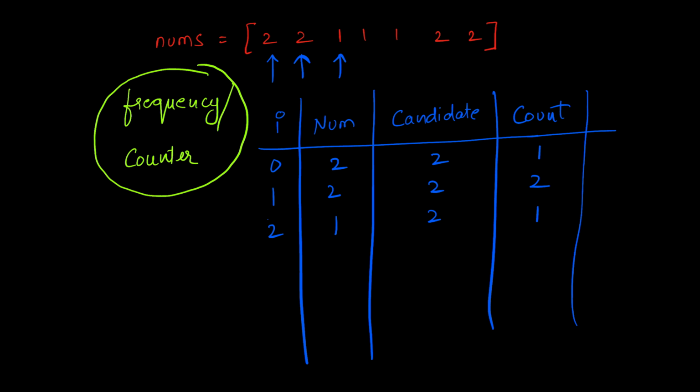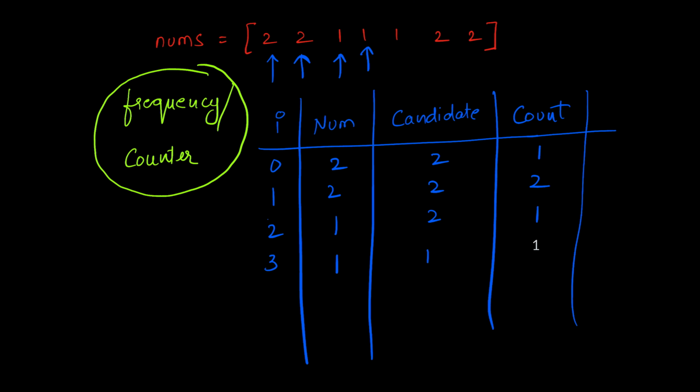We'll leave the candidate as 2 for now because it is still the majority element so far. For the next cycle, i is equal to 3, the value is 1, which is again not equal to the candidate, so we'll decrement the count by 1. Now that the count is 0, we need to replace the candidate value with the current value that i is pointing at. So the new candidate value is 1, while the count will be reset to 1 as well.